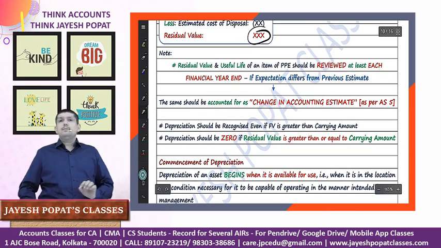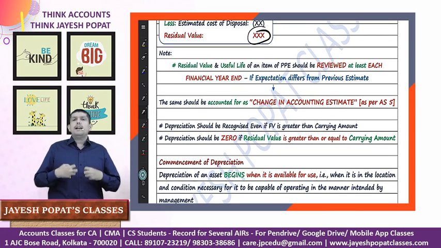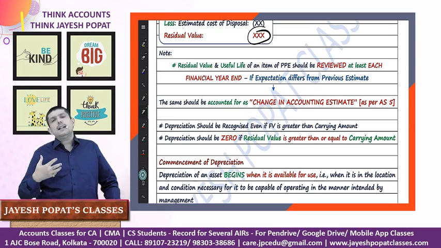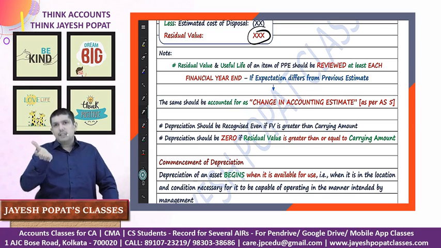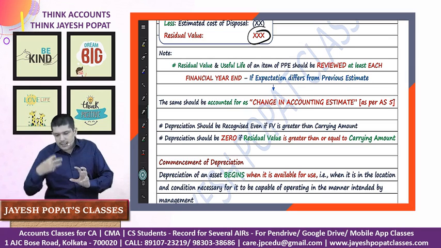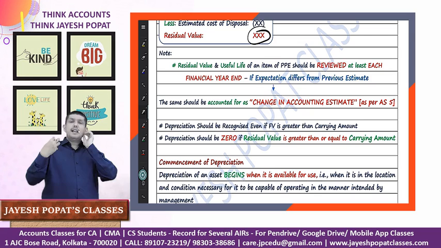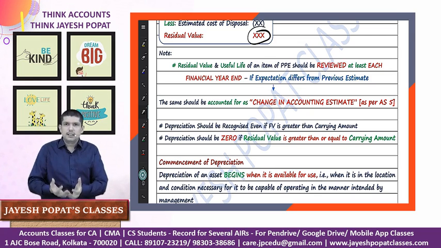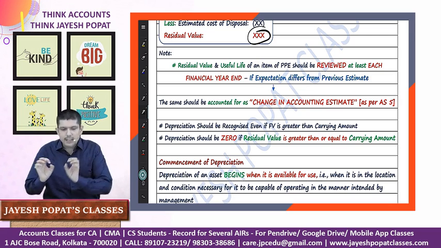Residual value and useful life are both estimates. I might buy a phone and say I will use it for 5 years. If that phone performs well, I may use it for 7 years. If it does not work well, I may sell that phone off after 2 years. Again, for the residual value, I say that after 5 years I will realize 10,000 rupees. Maybe I will realize 12,000 rupees. Maybe I will realize 5,000 rupees. So both these items are estimates.